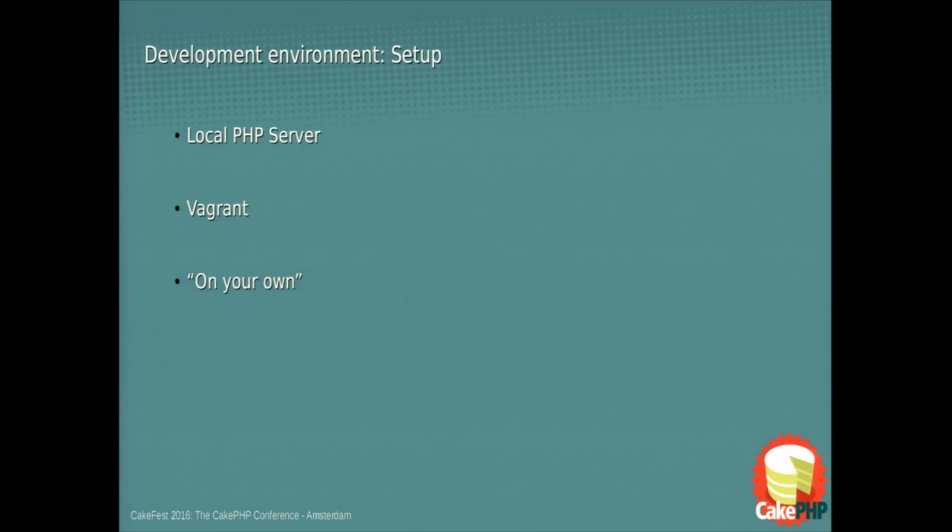So we are not gonna go through setting up a web server or PHP-FPM or anything like that. We're just gonna use the local PHP server so we can start quick and have everything set up as soon as possible. Another option is to use Vagrant.